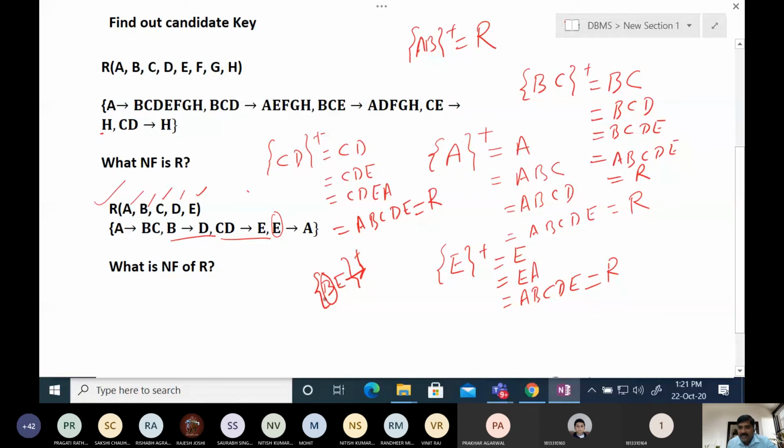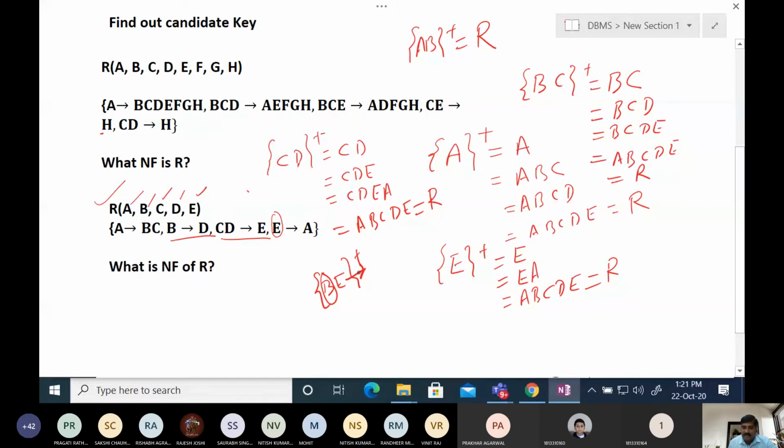If you associate any attribute with E, obviously that set will determine all the attributes of R. Did you get it? Yes, sir. B is not a candidate key. E alone determines all the attributes. The minimal set is E, and in BE, B is an extraneous attribute.